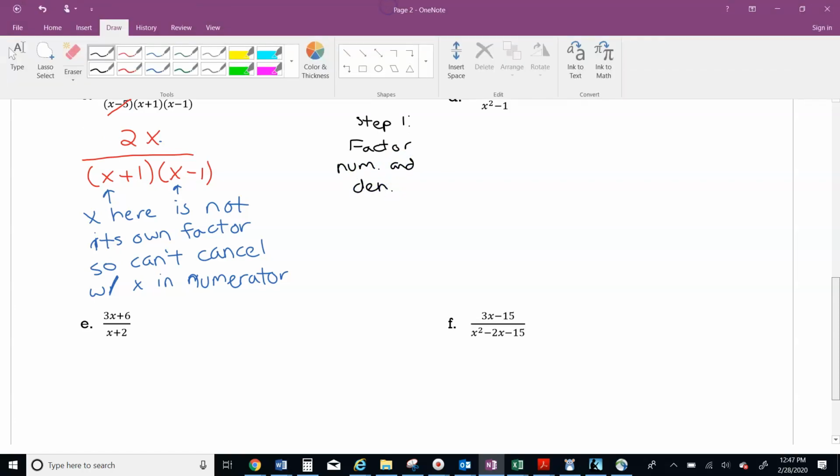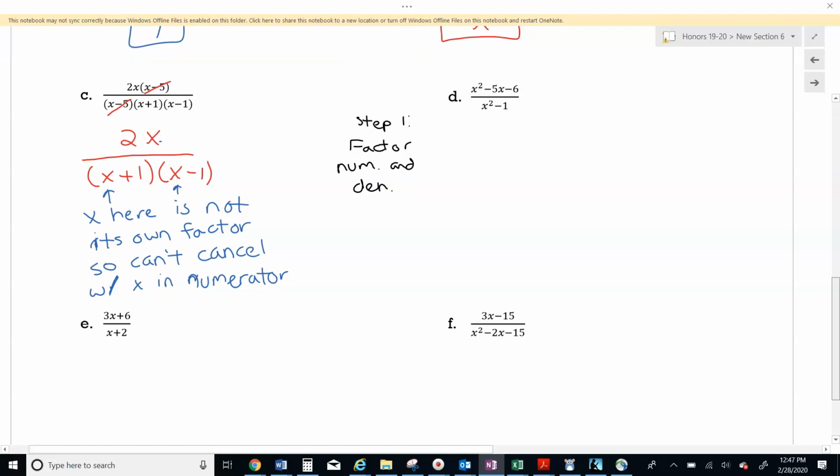As I factor my numerator, I'm adding to negative 5 and I'm multiplying to negative 6. I believe that's negative 6 and positive 1. So I get x minus 6, x plus 1. That was my numerator. Again, this is going back to all the factoring we did.